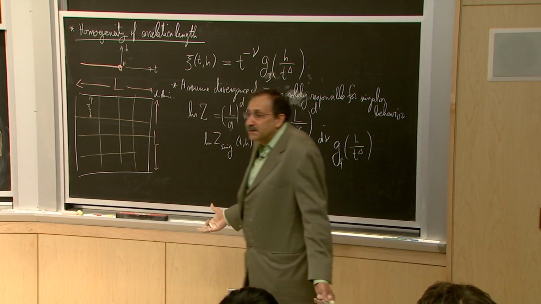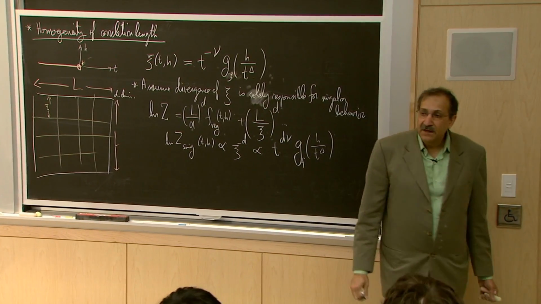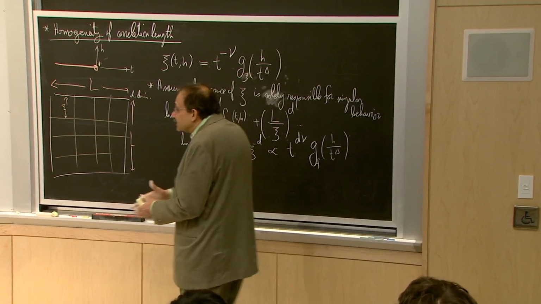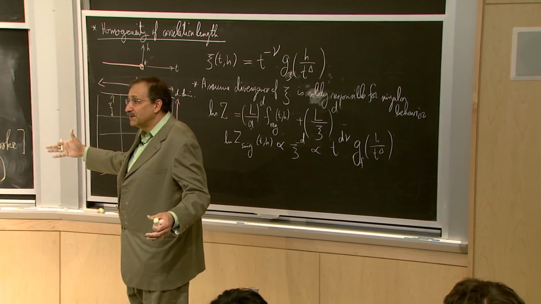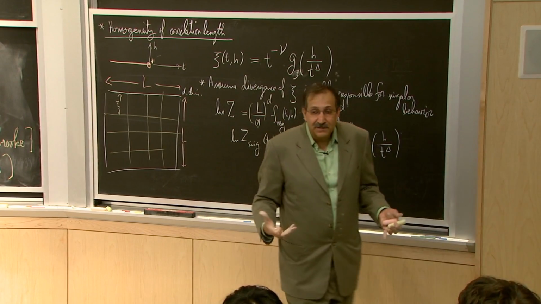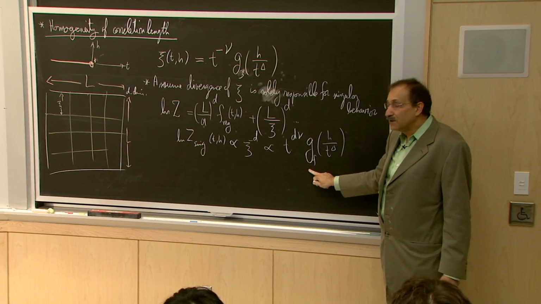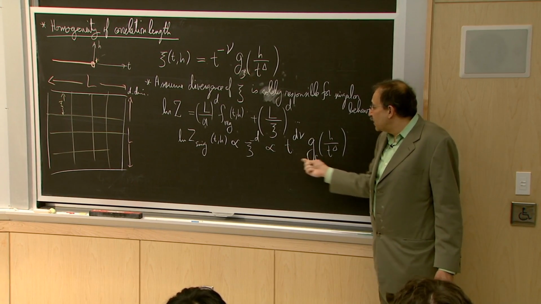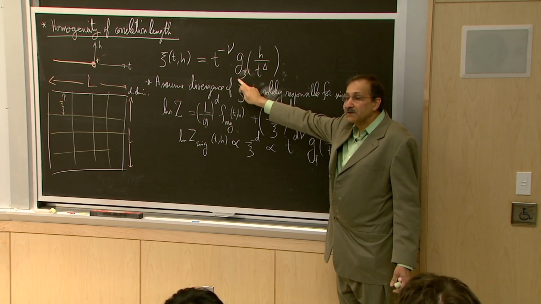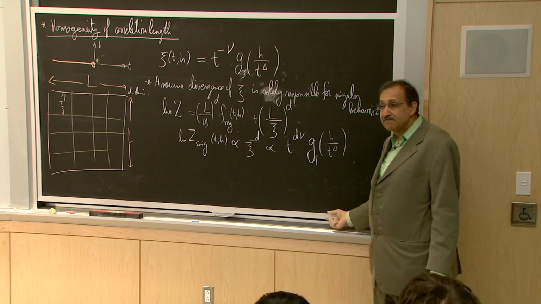And how many independent blocks do I have? It is L over ξ to the d. So the statement roughly, this is part of the assumption, is that there is this correlation length that is getting bigger and bigger. Because things are correlated, the number of independent degrees of freedom gets smaller and smaller. And that change in the number of degrees of freedom is responsible for the singular behavior of the free energy. If I make this assumption that the correlation length diverges, then I will get this one.